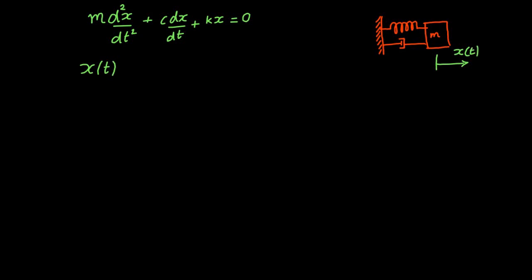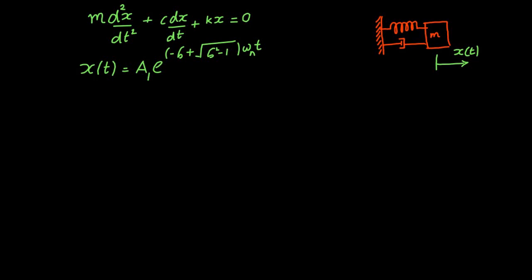And that is given by the expression x of t is equal to a1 into e power lambda 1 t, and we now know what is the value of lambda 1: minus psi plus root of psi square minus 1 into omega n into t. Now, when it comes to this particular notation, sometimes I am calling that as psi, sometimes I am calling that as eta. Please forgive me. So I am using the words psi and eta interchangeably.